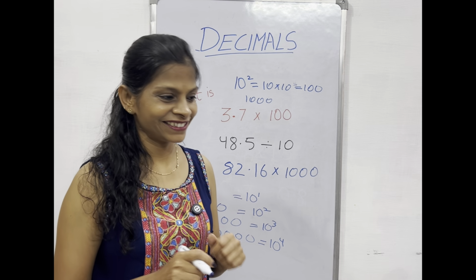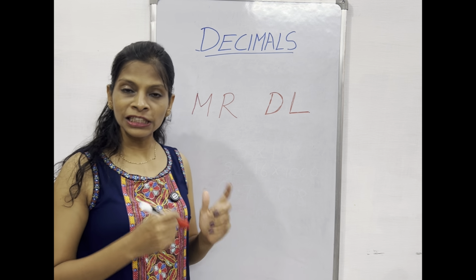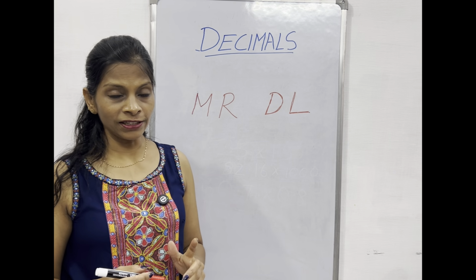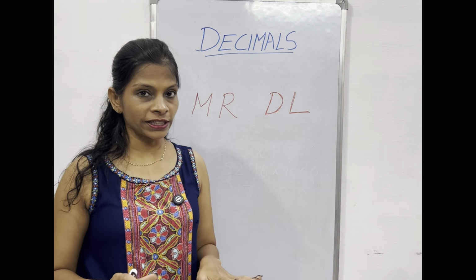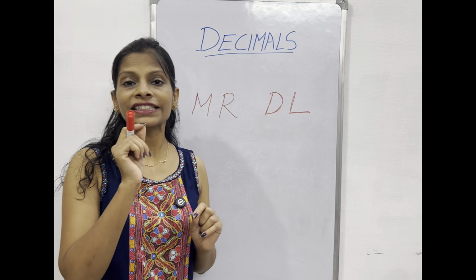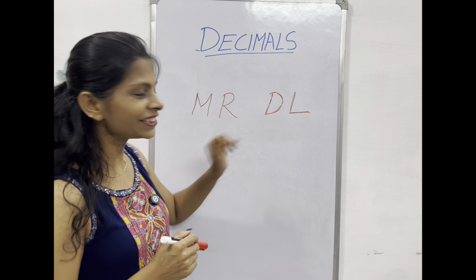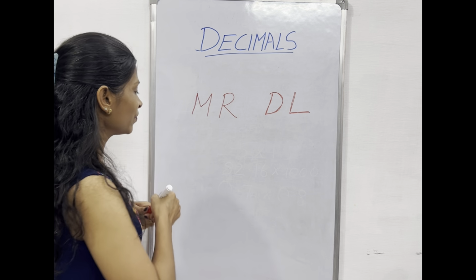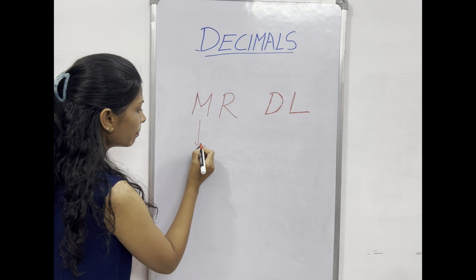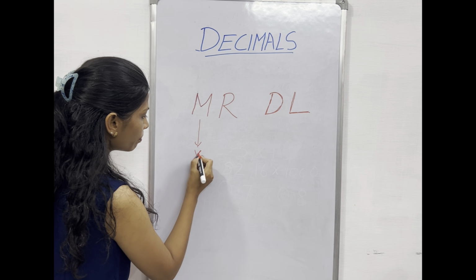Let's learn that. When we are multiplying or dividing by powers of 10, we will not actually do the multiplication, but we will simply shift the decimal point. How? With the help of this little trick known as MRDL. M stands for multiplication.